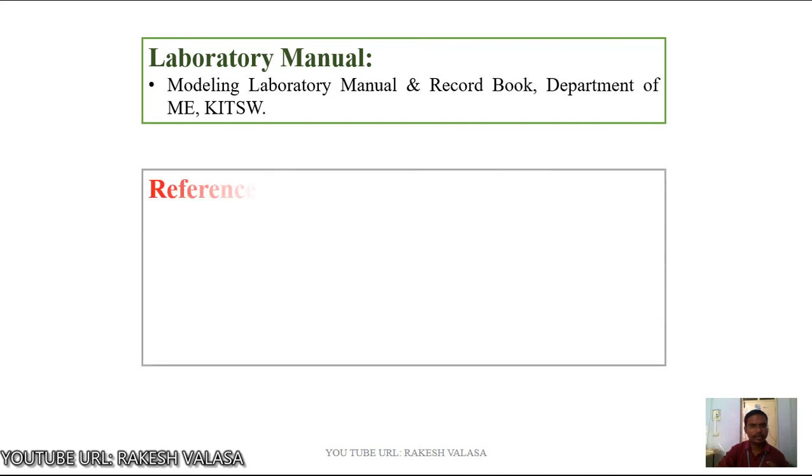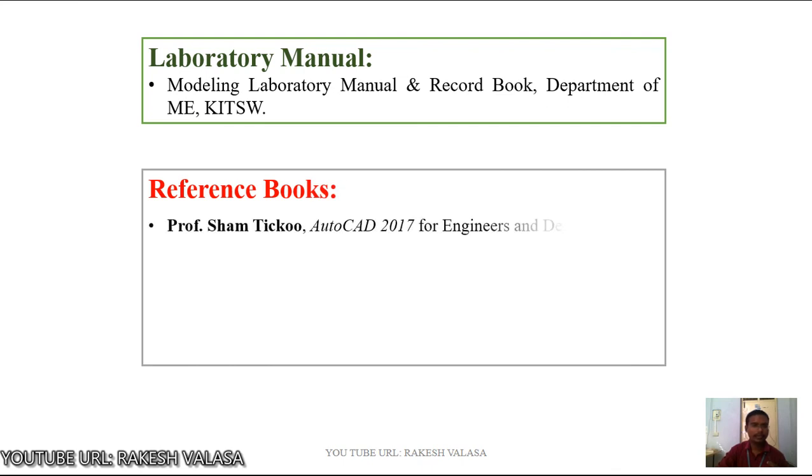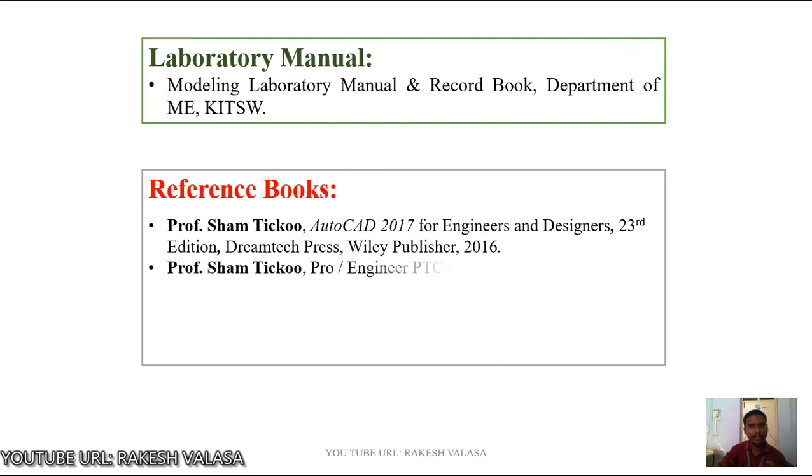The following are reference books for learning and practicing more sketches in CATIA software and AutoCAD software. The first one is Professor Sham Tickoo, AutoCAD 2017 for Engineers and Designers, 23rd edition. The second book is Professor Sham Tickoo, Pro/Engineer, that means PTC Creo Parametric 3.0 for Engineers and Designers.